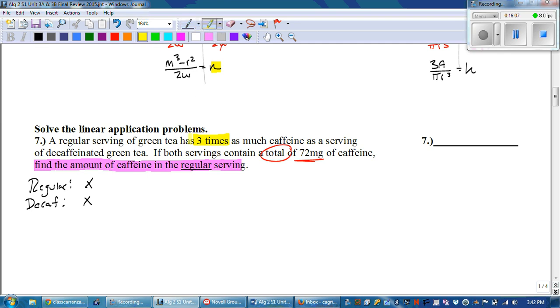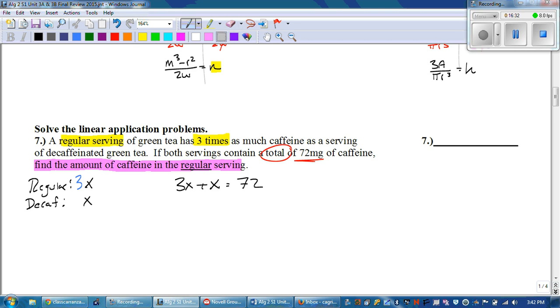The regular one does. So regular is really 3x and the decaf is x. Now, if both servings contain a total of 72, that means if I take the regular plus the decaf, it's going to equal 72 milligrams.